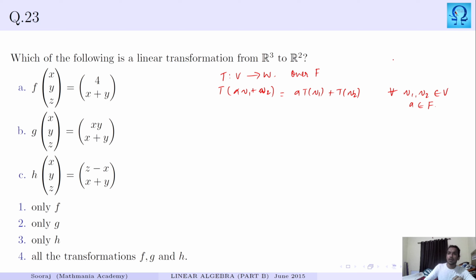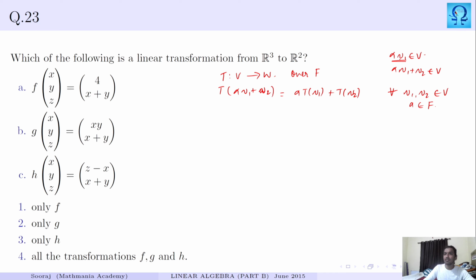When you make a product of the scalar with this vector, this is also a member of V. Since this is a member of V, alpha v1 plus v2 is also a member of V by the property of vector spaces, right? So you have taken an element from a vector space and you are applying the mapping. Since this is a mapping, the image will land in W.